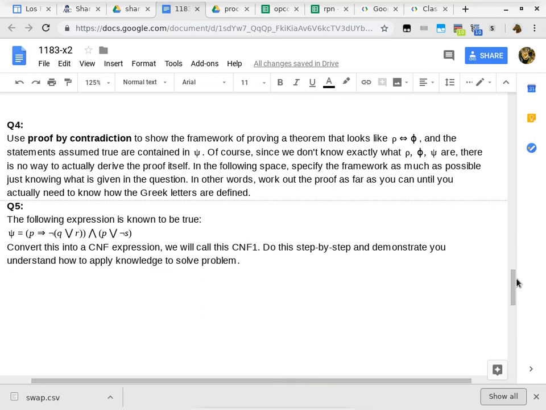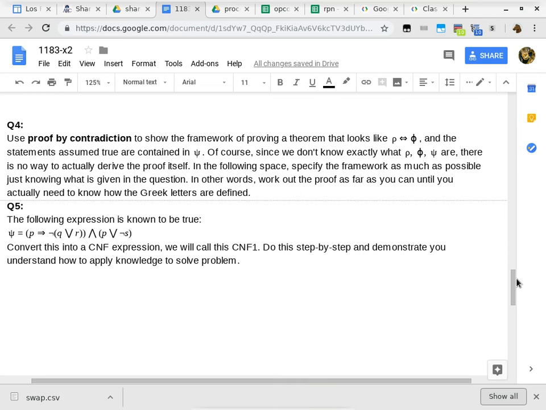One side is represented by rho, the other side is represented by phi. Exactly what they are is not important to me, okay? And the statements assumed true are contained in psi. So psi is one gigantic expression that says all of these things are known to be true, okay?